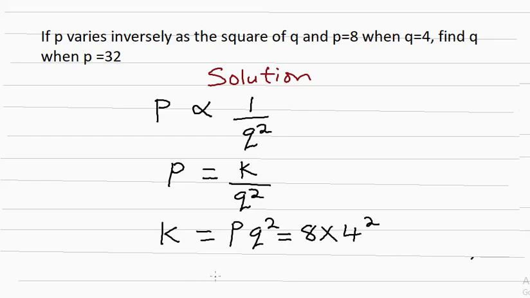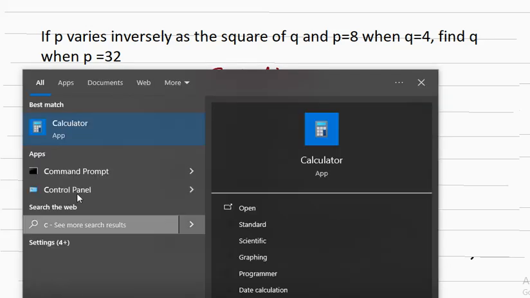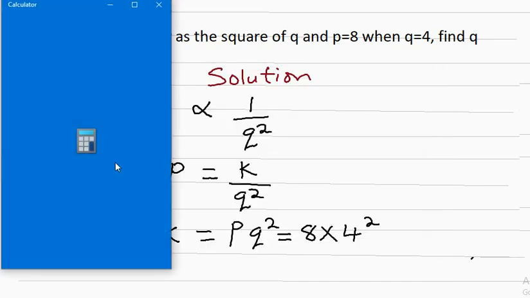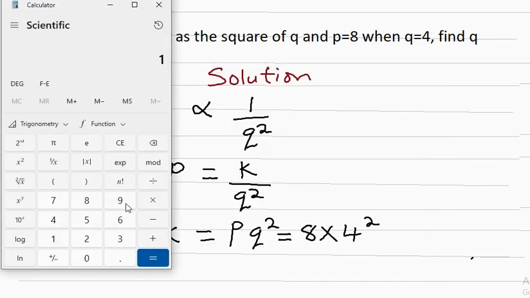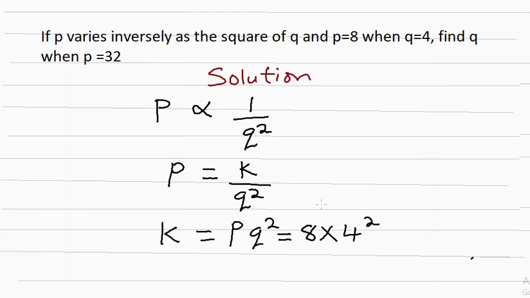You can see that 4 square is 16. Then I'm going to multiply 16 by 8. That is 16 times 8, 128.